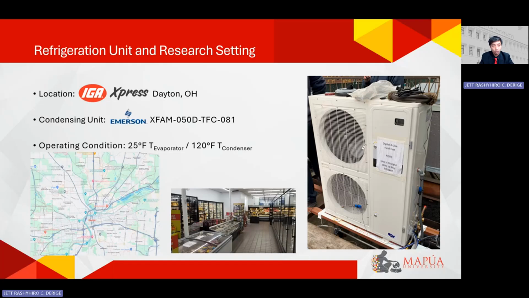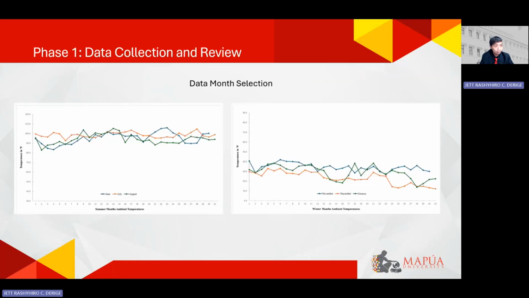This is similar to what we have here in the Philippines, such as Save More, retail supermarkets, and the like. And for the condensing unit, it's the Emerson XFAM 050D TFC-081. This is a 5 HP condensing unit. And then the operating condition would be 25 degrees Fahrenheit on the evaporator and 120 Fahrenheit on the condenser side.